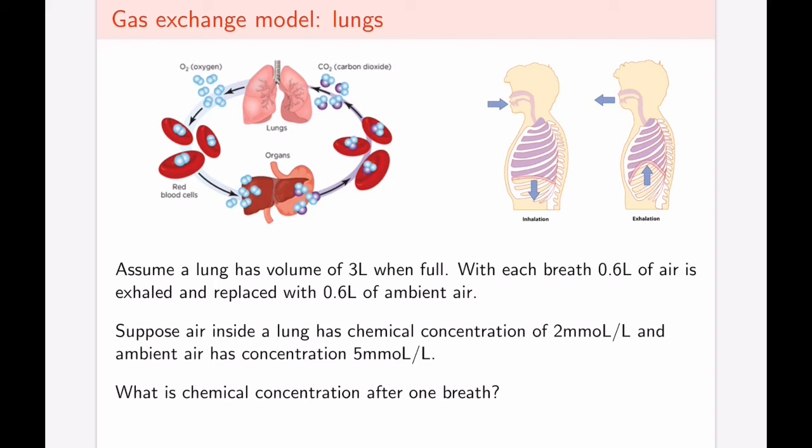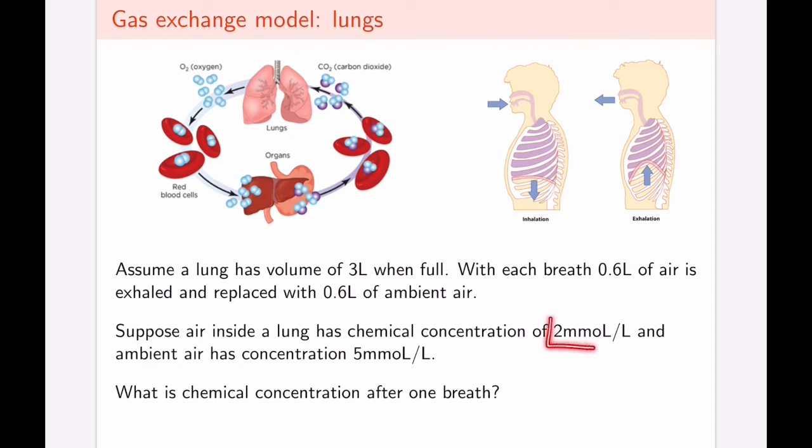We're going to assume some pretty average statistics for a human. For example, we're going to assume that the lung has volume of 3 liters when full, so on inhalation. We're also going to assume that with each breath, 0.6 liters of air is exhaled and replaced with whatever happens to be ambient air. Suppose that there is some chemical, again, it can be carbon dioxide or anything else like this.